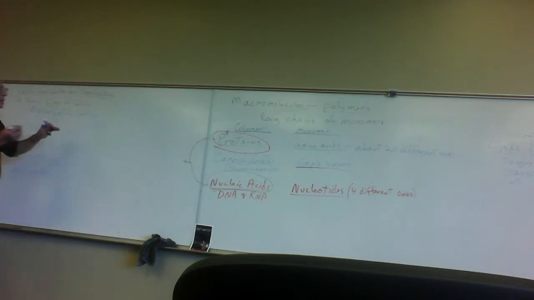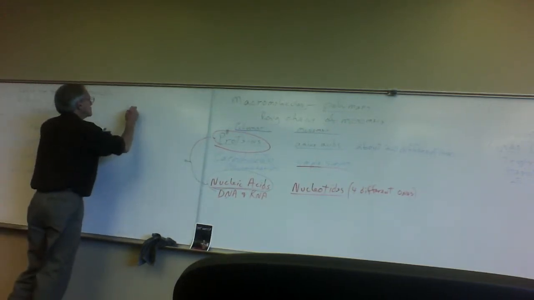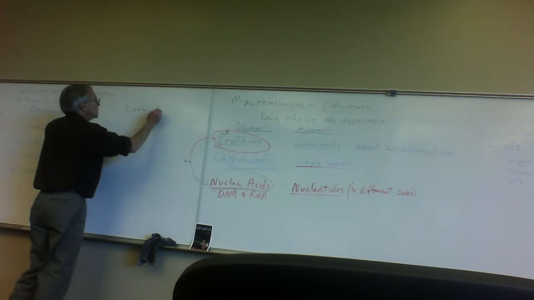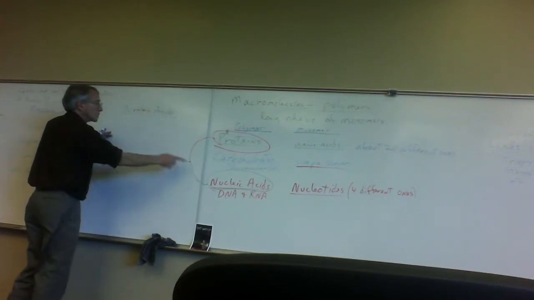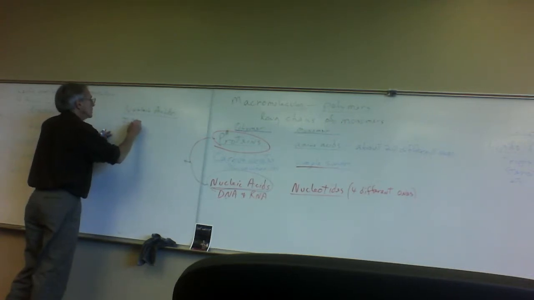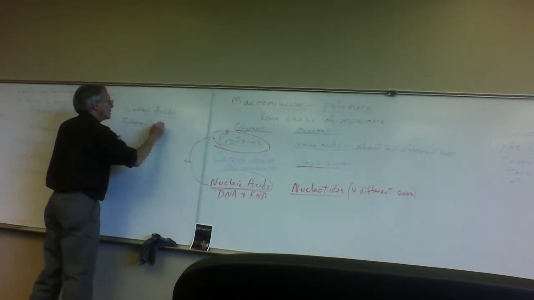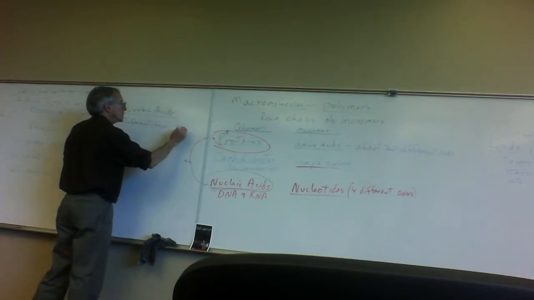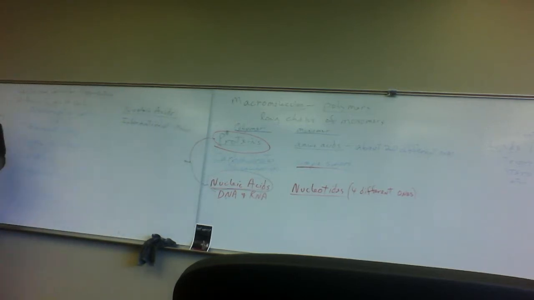They don't do any work. We're talking about DNA and RNA. I just said they don't do any work, which is mostly true. If you want to be really technical, it's not absolutely true; some nucleic acids do a little bit of work, but for practical purposes, they're information.